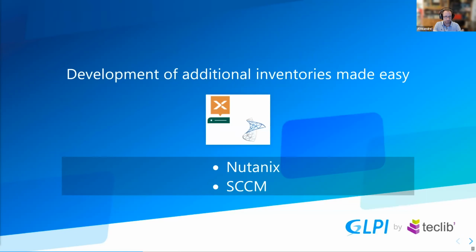Also, with the native inventory, development of additional inventory is made easy. We already have these small plugins, small features. We have a Nutanix plugin in development. We have had a SCCM plugin for a long time, but we reworked it with the native inventory.